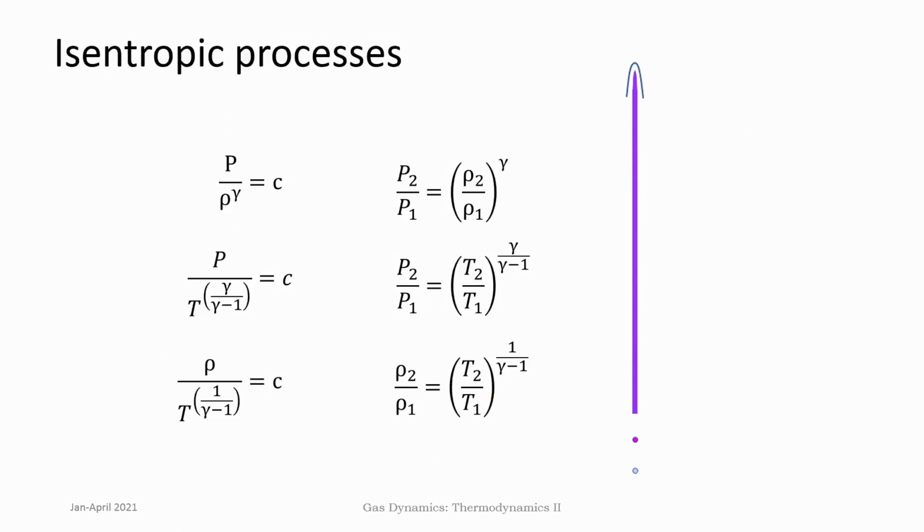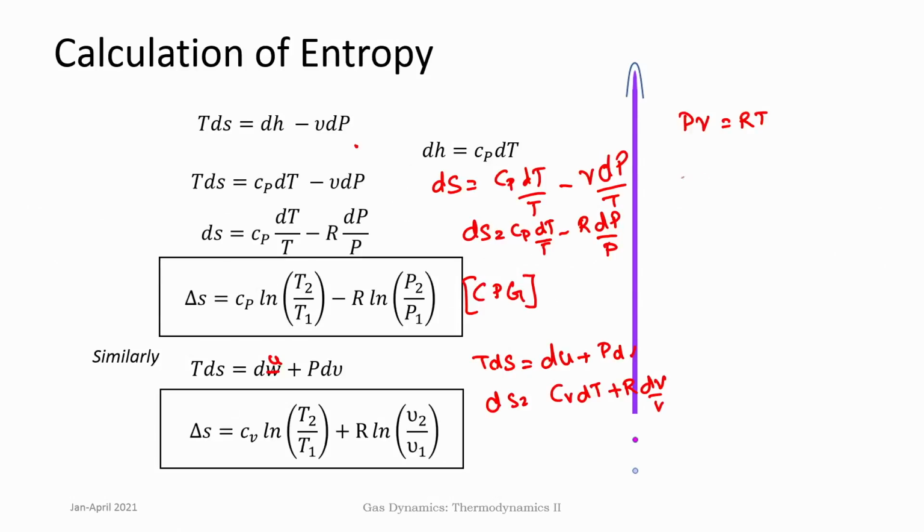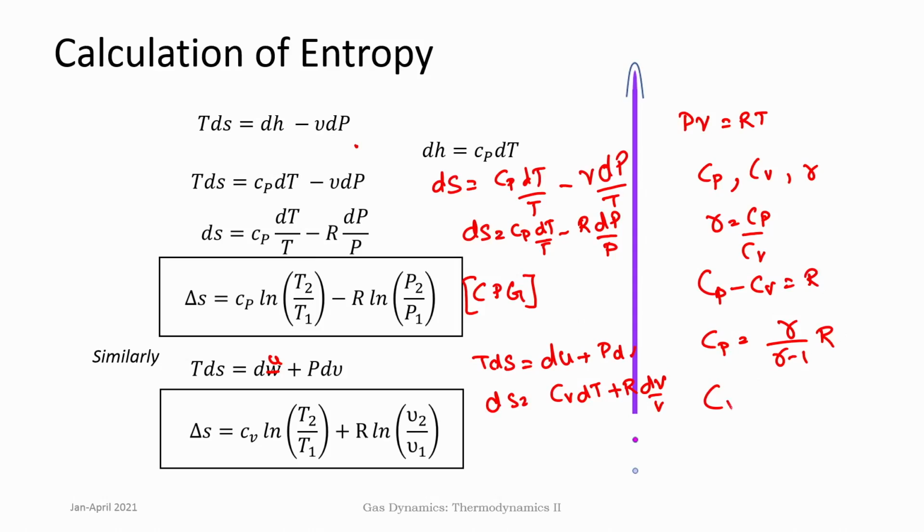If you combine the definitions of Cp and Cv, where gamma is Cp by Cv, with the equation Cp minus Cv equal to R, you can write Cp as gamma by gamma minus 1 and Cv as 1 by gamma minus 1, multiplied by R.